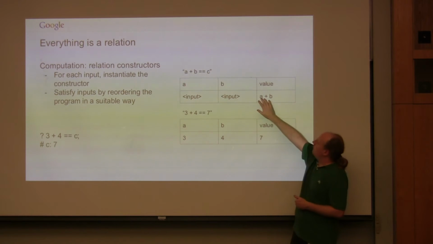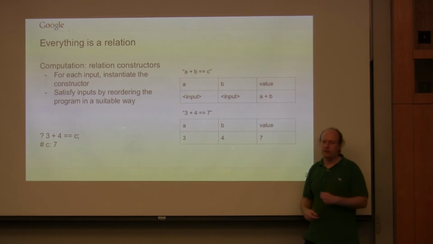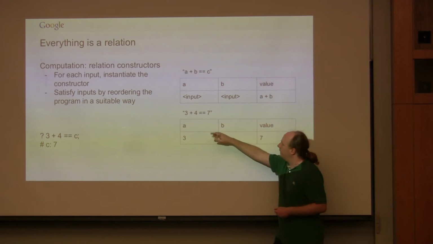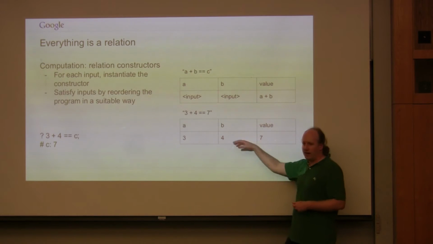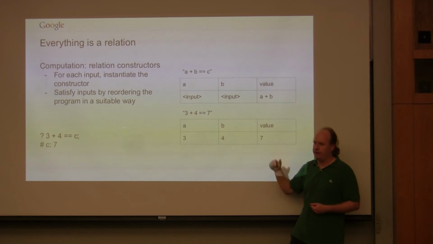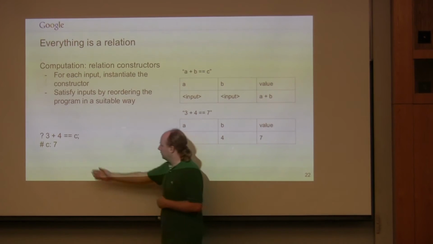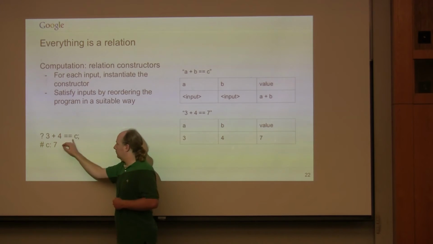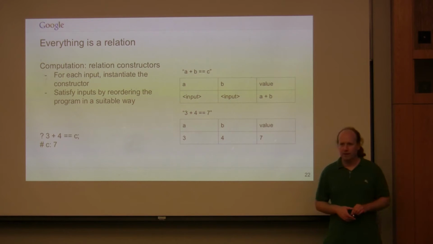So a plus b equals c is a thing which we can make into a relation. To make it into a relation, we just need to give it a value for a and a value for b. And then we have a tiny little relation instantiated, which is magically going to contain the value of 3 plus 4, which is 7. And if you then ask our tool for the question mark 3 plus 4 equals c, you're going to get your c is 7. Okay?